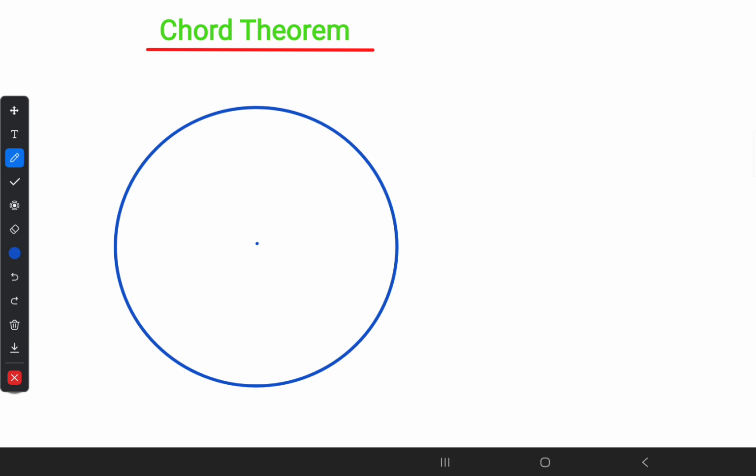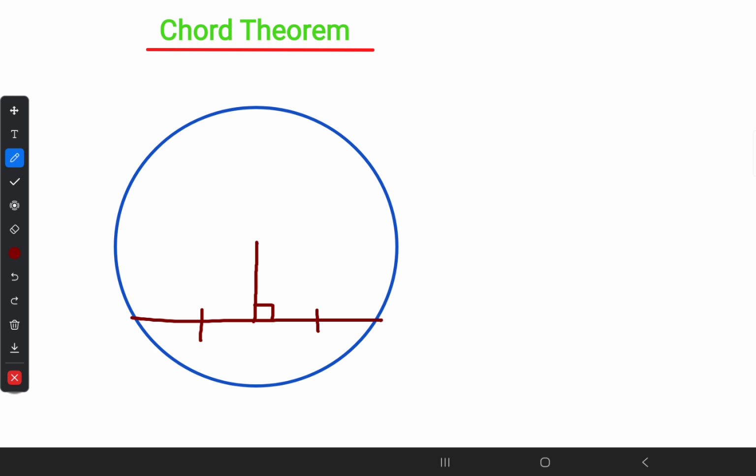The straight line joining the center of the circle to the midpoint of the chord. So we should have a chord as well. Okay, this is my chord. And when you connect the midpoint of the chord and the center of the circle, these two would be perpendicular to each other. This is the theorem.